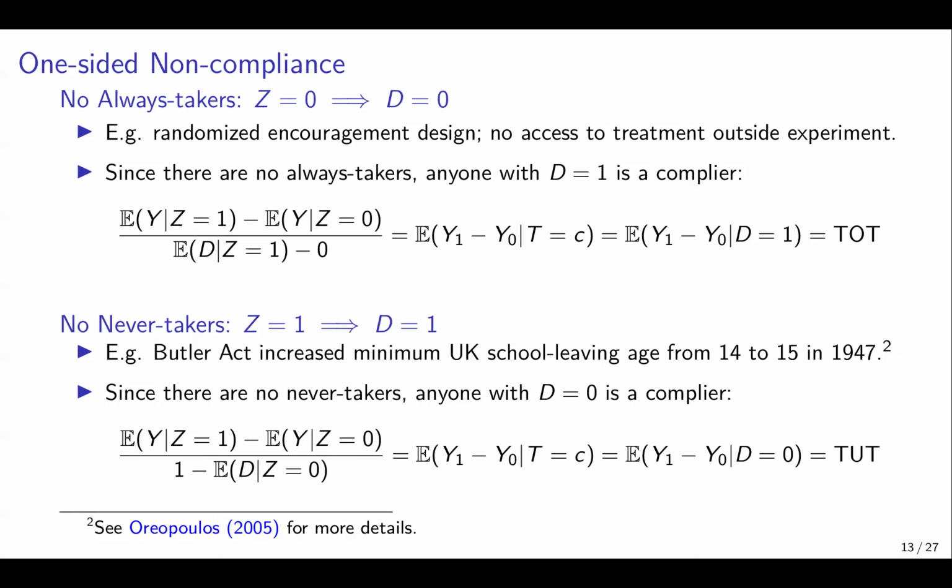Now, this is actually pretty interesting. So if you think about the idea of putting in a mandatory minimum age of leaving school at 15 rather than 14, the whole idea here is to force people to do something that they might not want to do. So it turns out, in this case, what we're learning is the average causal effect, not for the people who would choose to stay in school, but for the people who would not.